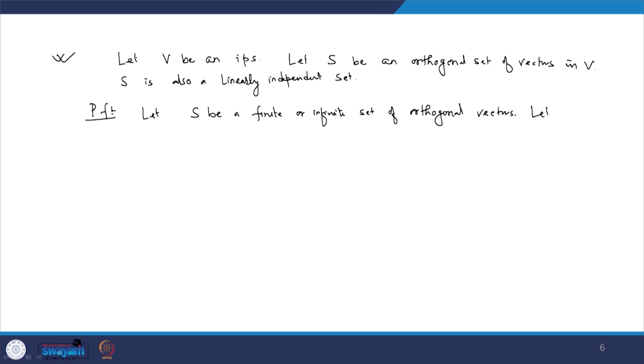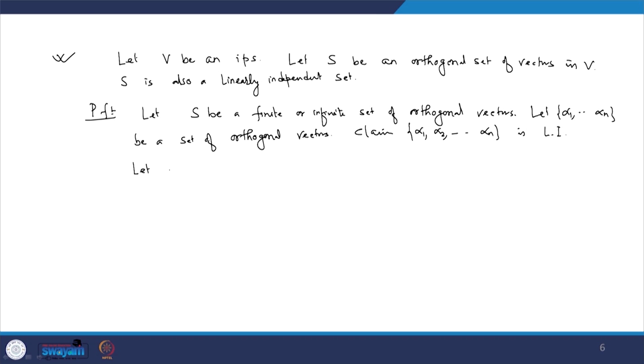Let alpha 1 to alpha n be a set of orthogonal vectors. Claim: alpha 1, alpha 2, up to alpha n is linearly independent.